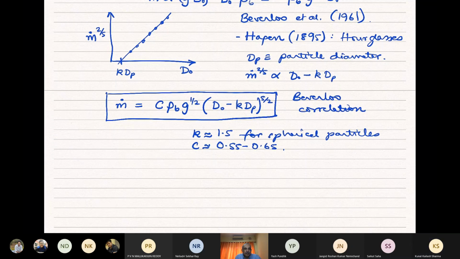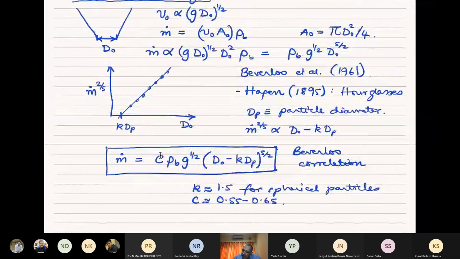what should I say, the mass flow rate out of the hopper is basically just dependent on what is happening here.